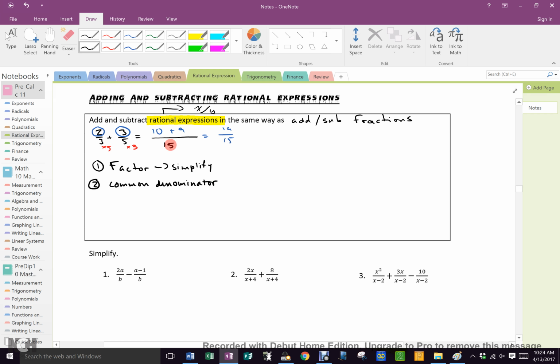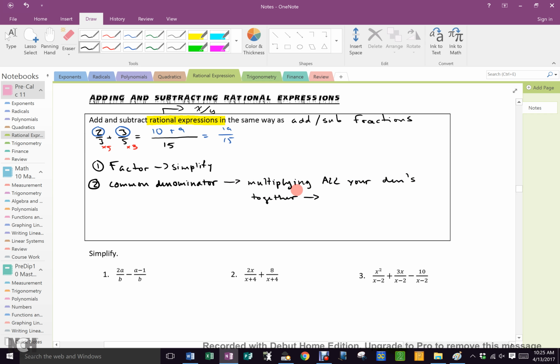What did you do? You multiplied your denominators, right? 5 and 3, right? So what do you think you do if it's a rational expression? Multiply your denominators. You get a common denominator by multiplying all your denominators together.